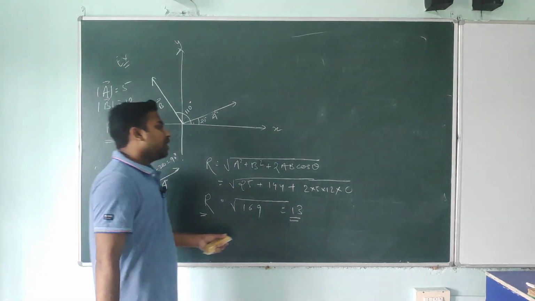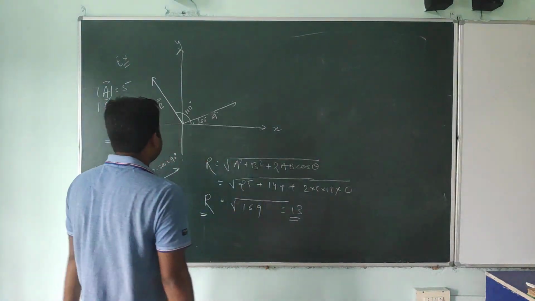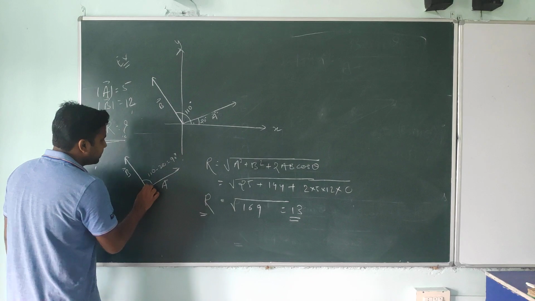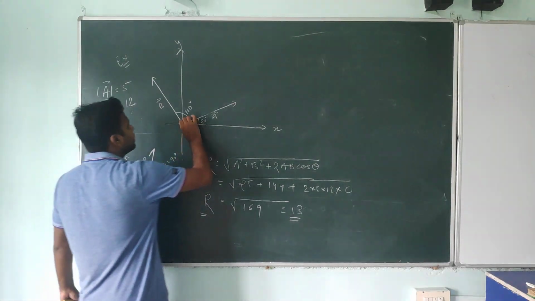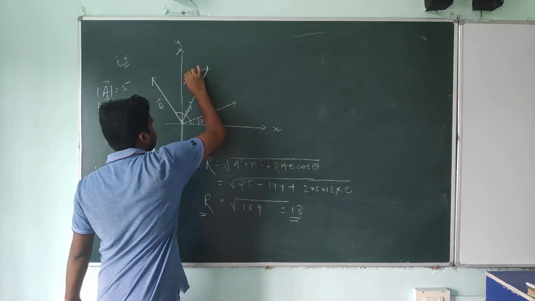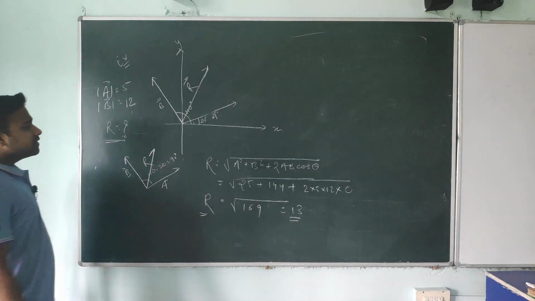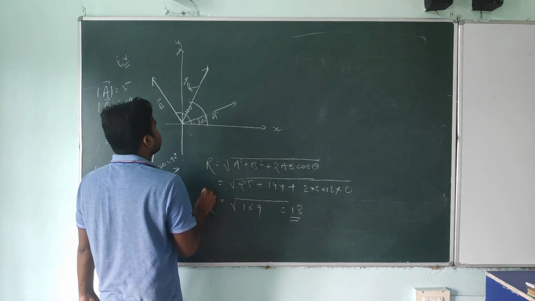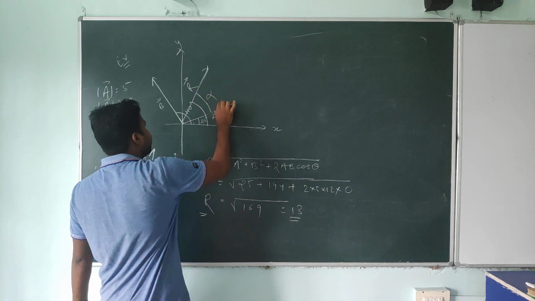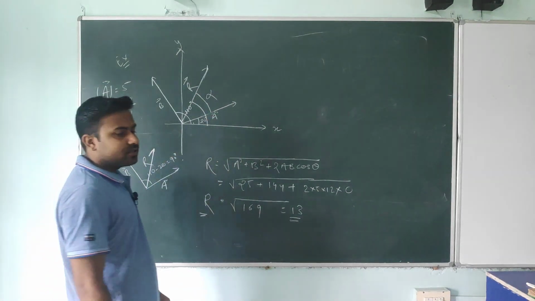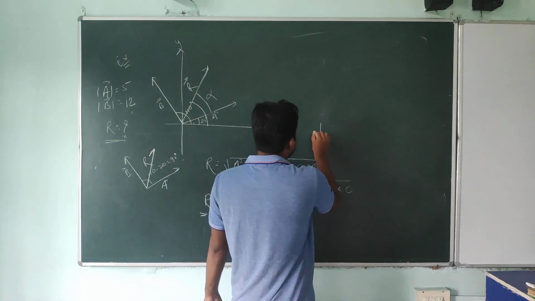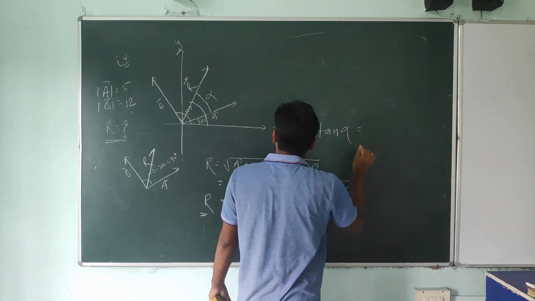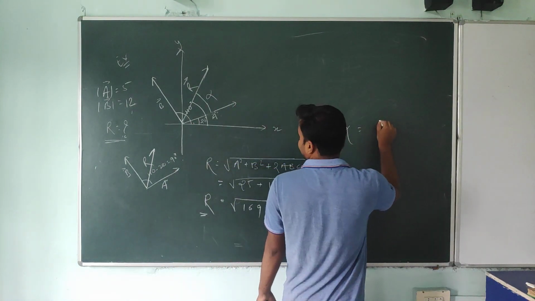Okay student, now you have to find the angle also. So look at this, the resultant will be like this. This is the resultant vector here. So how much angle is this resultant making with the x-axis? You can easily find this angle and add the 20. If you want to find tan alpha, what do you write?